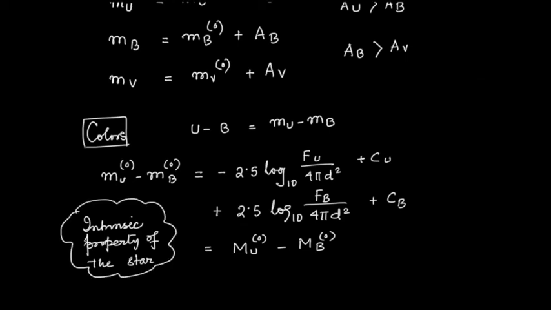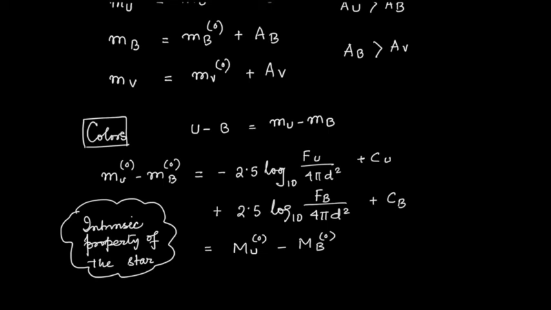So you see that we are trying to get to that intrinsic property, because this also depends on the ratio. If I bring the two logs together, it will be FU by FB, and FU by FB will depend on the temperature. That is what we are trying to go to.